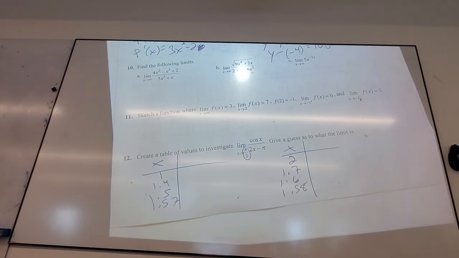I was plugging the pi over 2 into the x. You see how you have no x? So the bottom should just be 2x minus pi. I left the 2 out too. If you plug the number in, then the table will never have a different value, because if you don't have an x in your function, it's never going to change. Oh, okay.